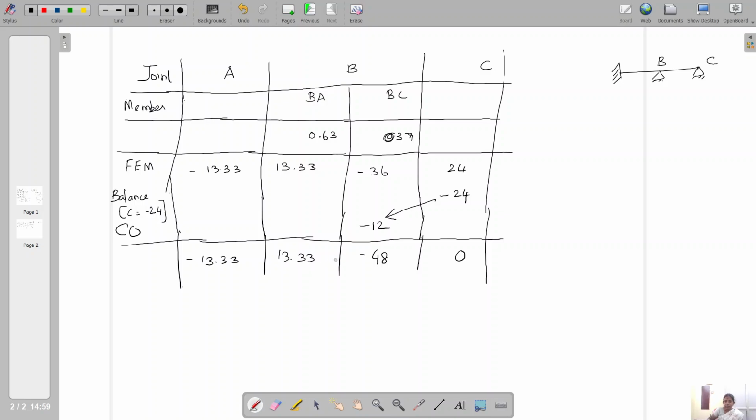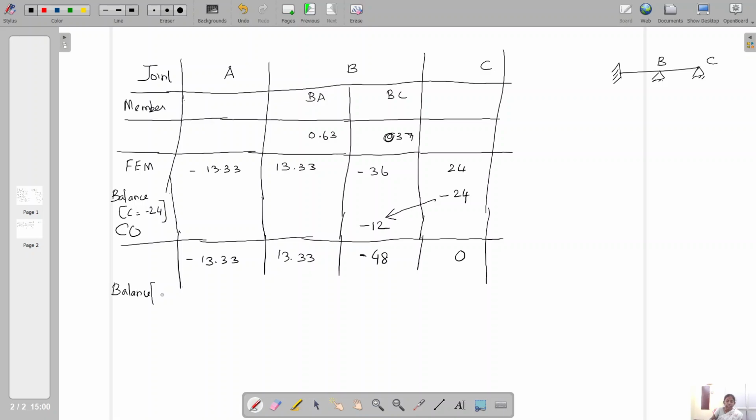Next, you concentrate on support B. The summation of moment at support B should be equal to 0, but we have the unbalanced moment here. What is the value of unbalanced moment? 13.33 minus 48 is the value of minus 34.67. Here we have unbalanced moment of minus 34.67.